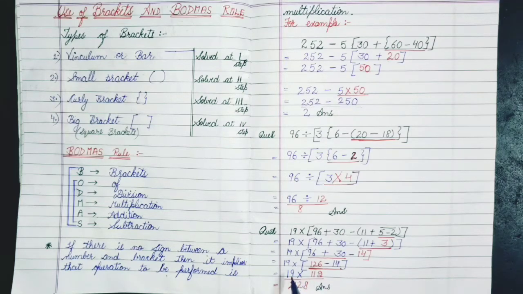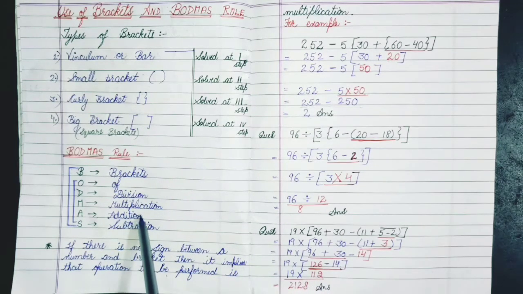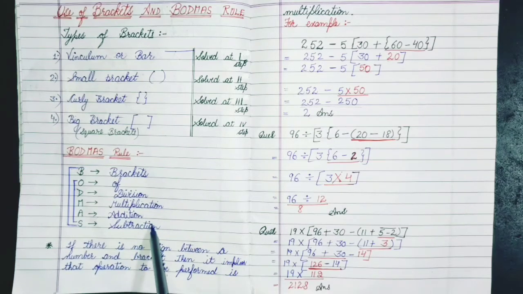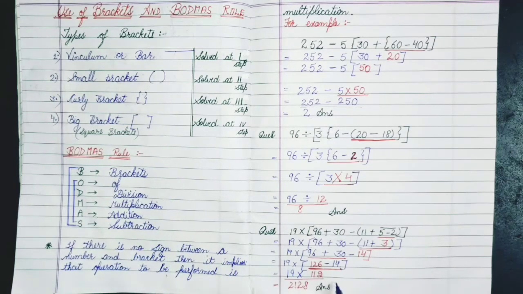When we multiply 19 with 112, we will get the answer 2128. As you can see, after multiplication, 2 more operations are there, but we don't have them in the question. So our final answer is 2128. I hope so, class.